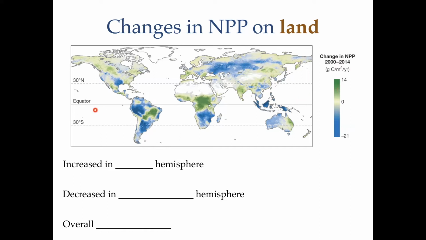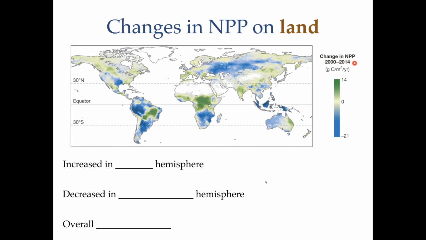So if here is the equator, so we have the north hemisphere and the south hemisphere, do you agree that most of the north hemisphere is kind of more greenish, and most of the south hemisphere is more bluish? If that is the case, we are going to say that everything that is greenish is actually increasing net primary productivity.